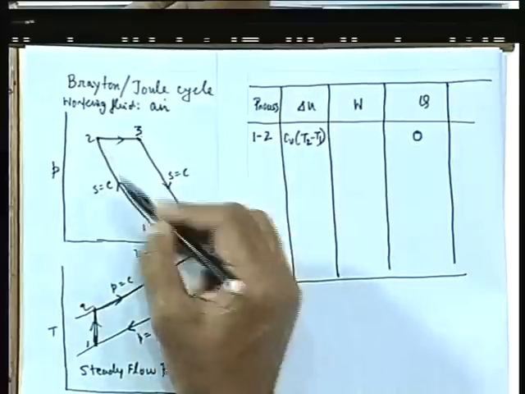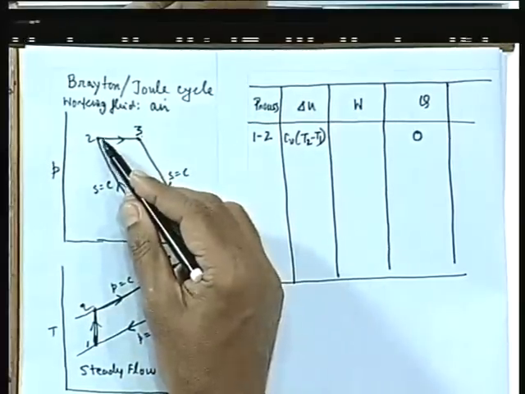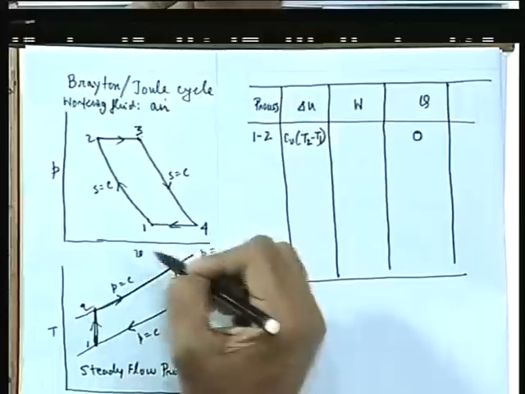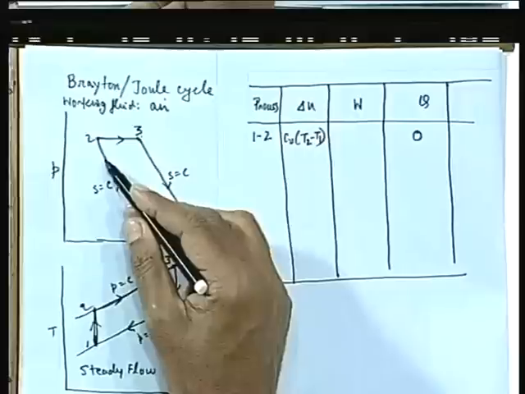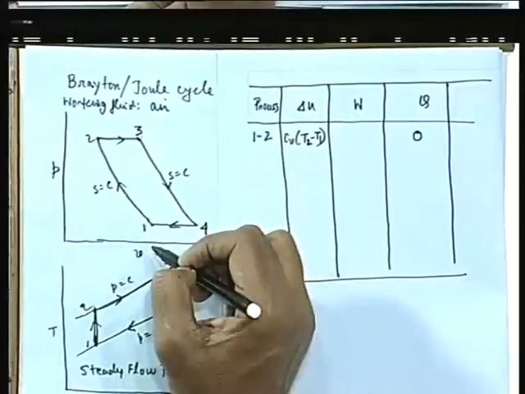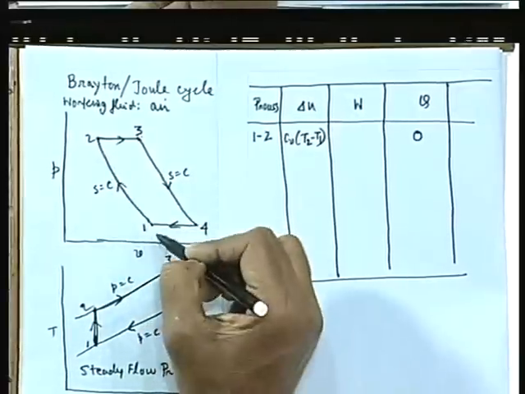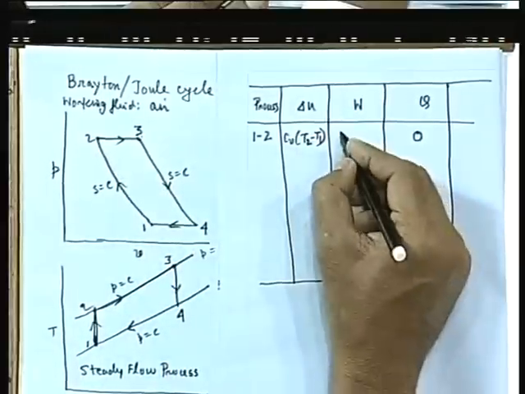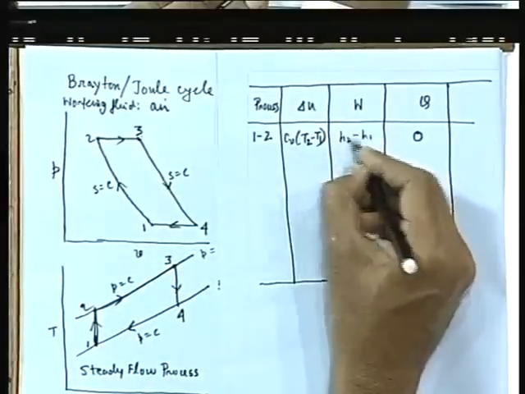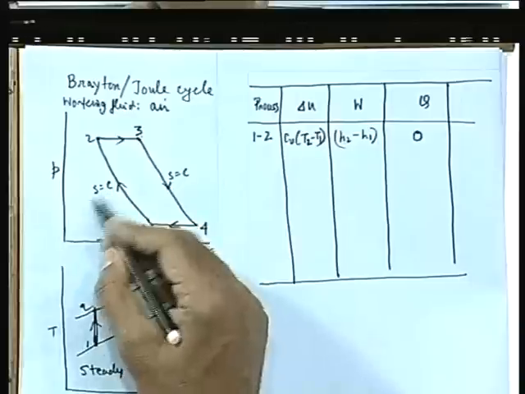Here the work transfer will be found by applying the steady flow energy equation. If the process is adiabatic, there is no heat transfer, because isentropic means reversible adiabatic process. So the work transfer is given by the change in enthalpy, that means H2 minus H1.